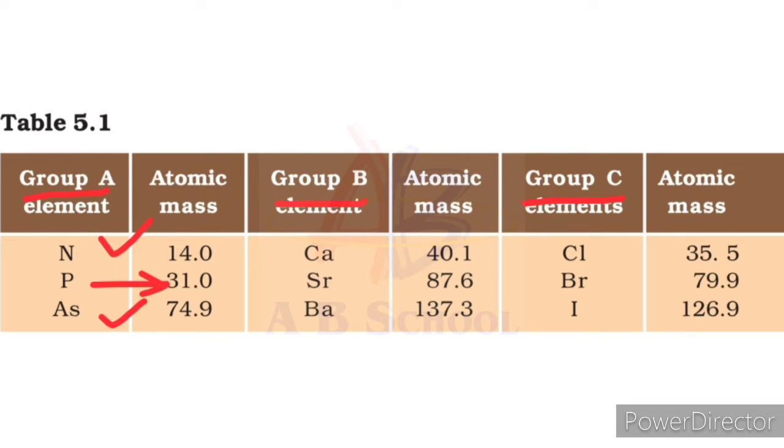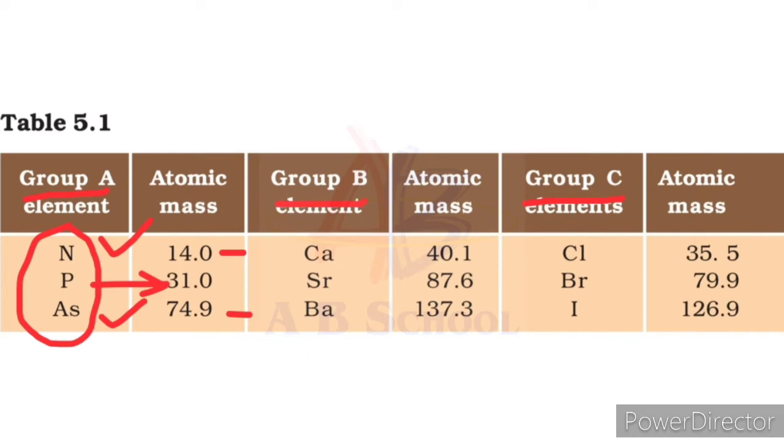Now let us talk about the first group, that is Group A. There are three elements given to you: nitrogen, phosphorus and arsenic. If this would be a Döbereiner triad, then the average atomic mass of nitrogen and arsenic would be near to the atomic mass of phosphorus.